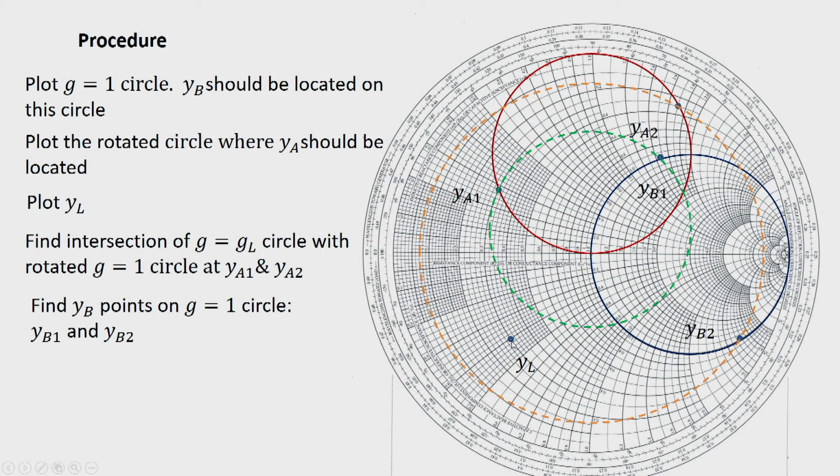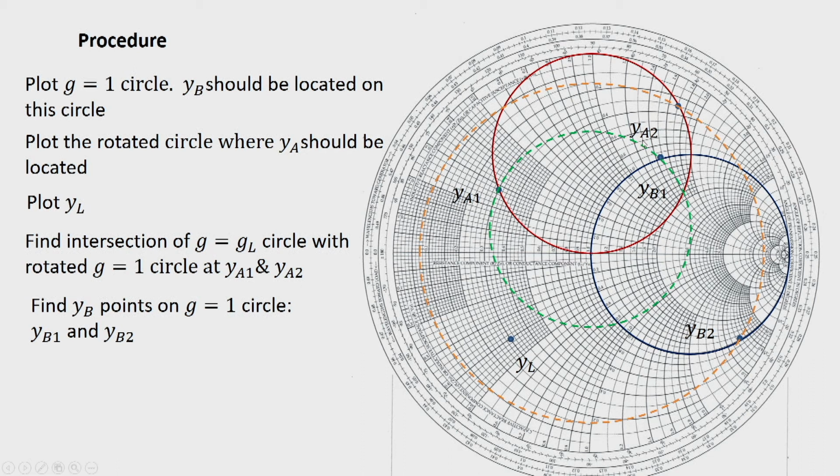So, starting from this point, this additional susceptance when added will transform y l to y a 1 values, and we can calculate the length of the stub that would be necessary for this additional susceptance.